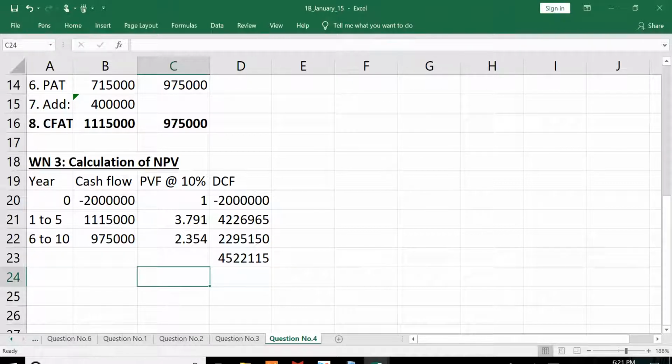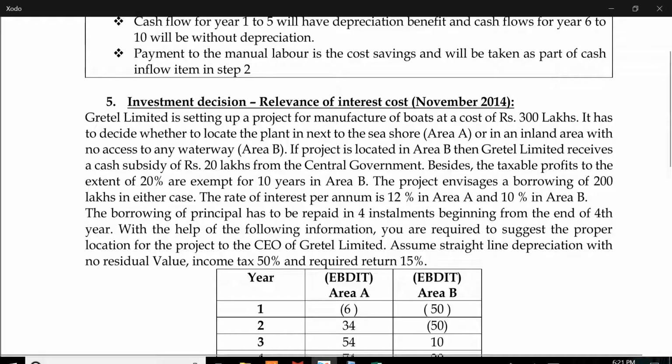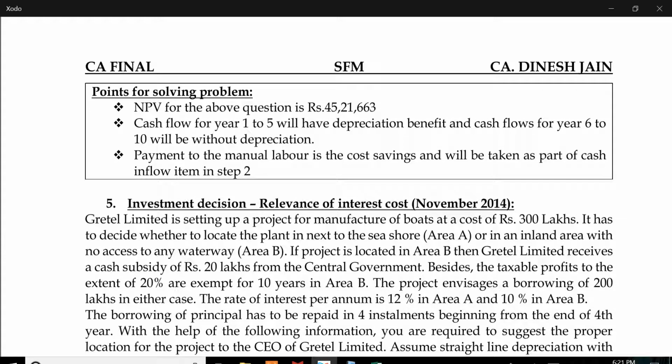Any doubts on this? So, this is a problem on cost reduction. We saw that a new machine is getting installed and that leads to reduction in cost.